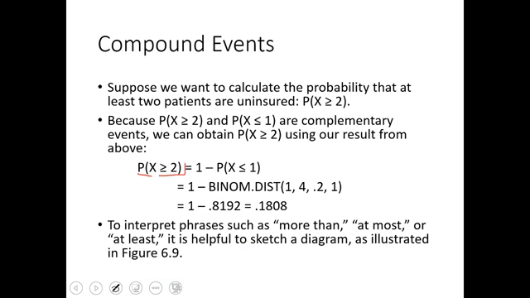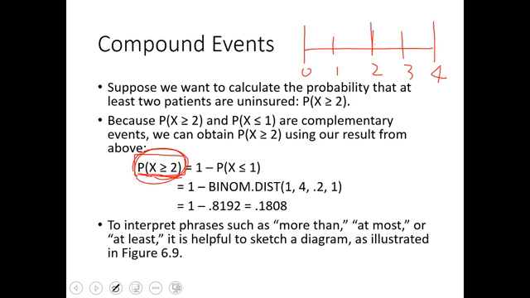And the probability that x is greater than 2. Okay. So here we have 0, 1, 2, 3, 4. The probability that x is greater than or equal to 2, including 2, is the same as 1 minus the probability that x is strictly less than 2.